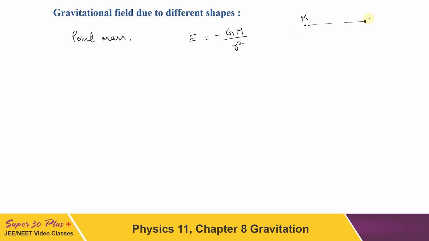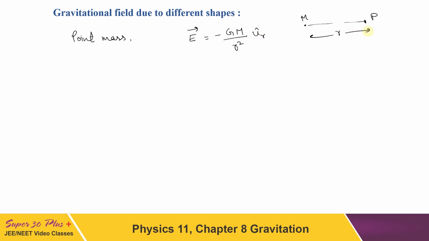If we have to calculate field intensity at a point P, which is at distance r from mass m, then its field intensity can be written as minus GM/r square. And what about the direction? Direction has to be along unit vector r, which is away from the mass m.